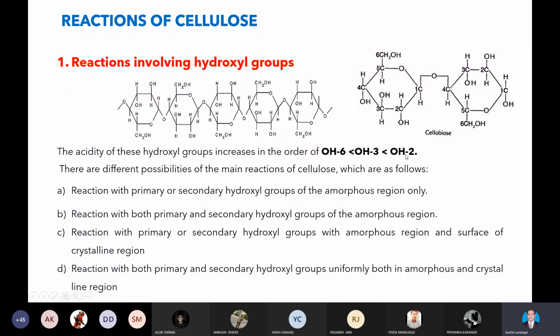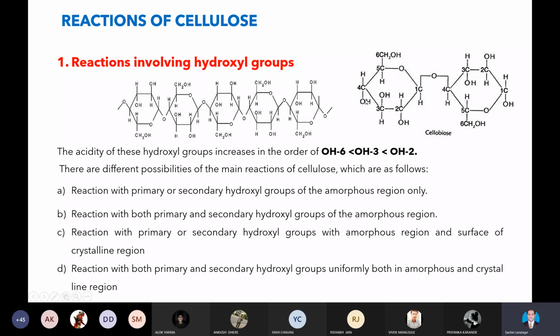Now, in this cellobiose unit we got the glucose unit, a 1,4 beta glucosidic unit. This is the first position, second, third, fourth, fifth, sixth position.